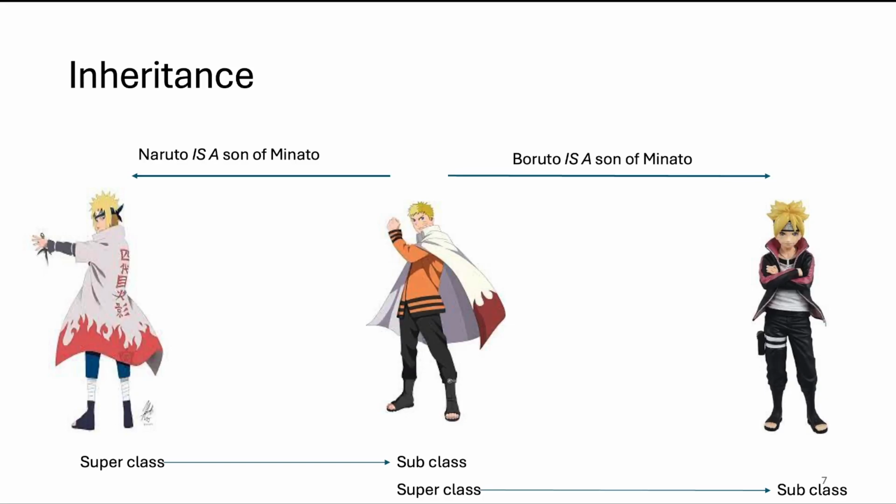The subclass can behave as a superclass for another subclass. So we have Minato, who is the father of Naruto, and Naruto, who is the father of Boruto. Given these three classes, we want to establish inheritance and see how the compiler moves.